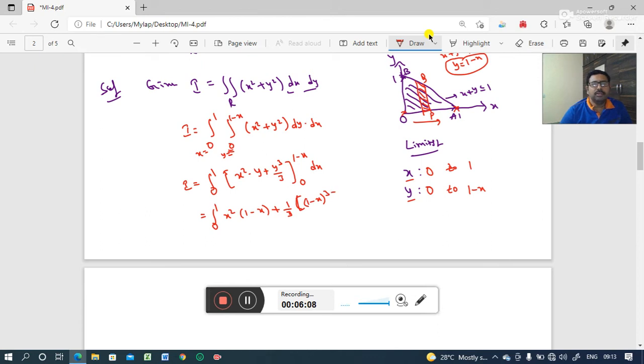For the lower limit, it will be 0, dx. So if you simplify this, integral 0 to 1, x square into 1 gives x square minus x square into x gives x cube, plus 1 by 3 into 1 minus x whole power 3 dx.